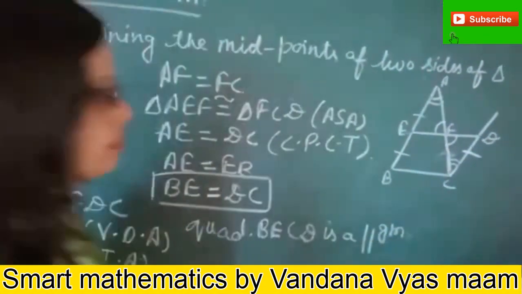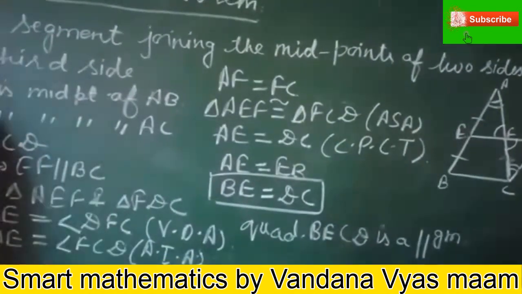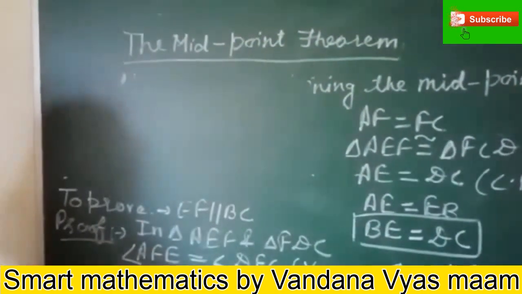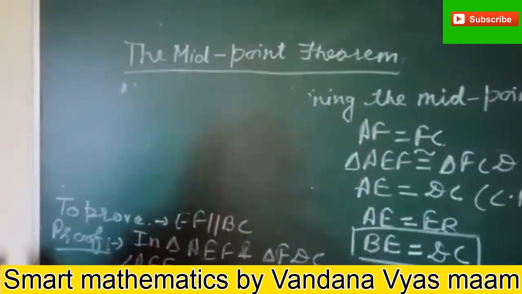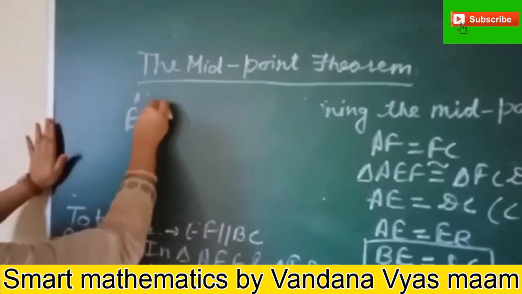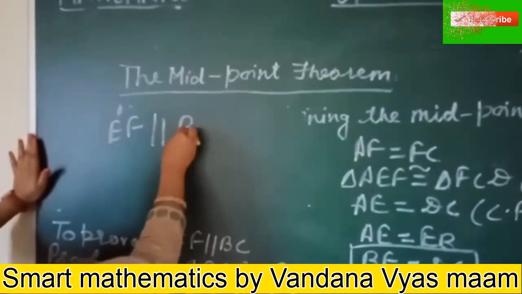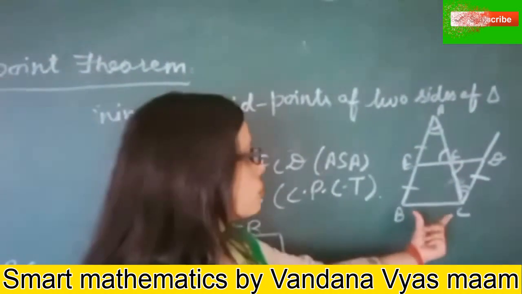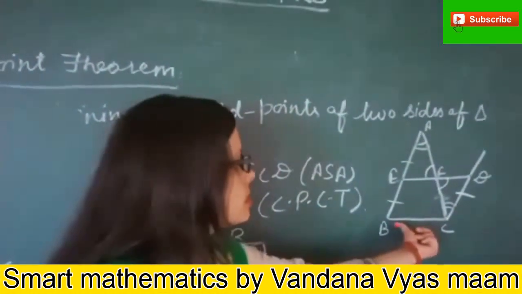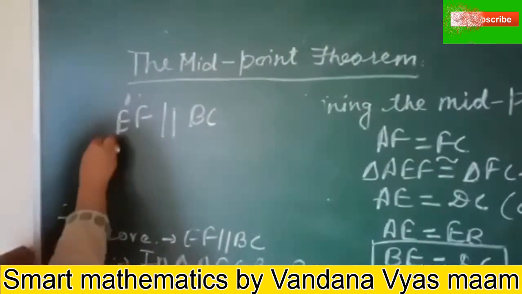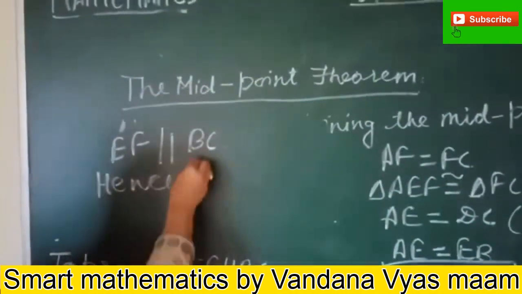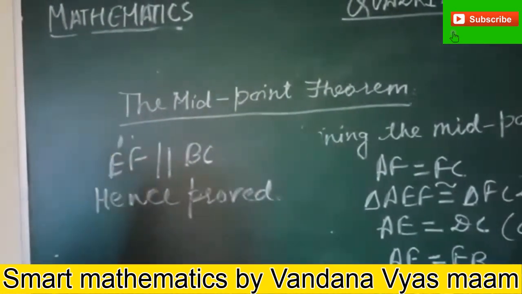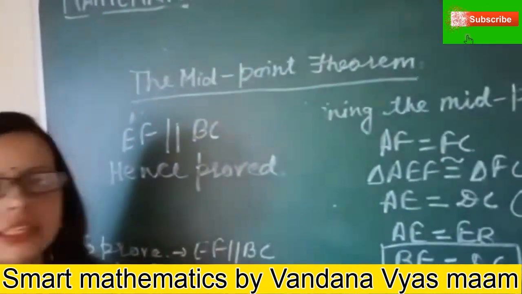If it is a parallelogram, then we have EF is also parallel to BC, which we have to prove, as proved. Clear? So students, that is the midpoint theorem.